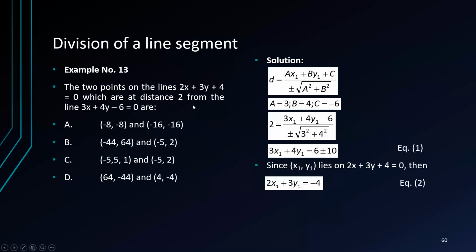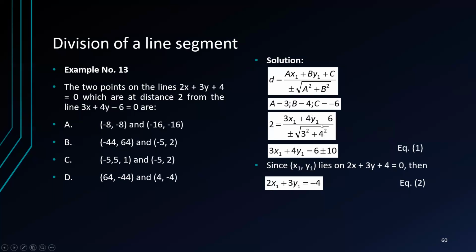So, this sa equation na to, a is equal to 3, 4, and negative 6. So, distance niya is, ano yung point na yon sa 2x plus 3y plus 4? Ano pa ng isang point doon, which is x1 and y1.